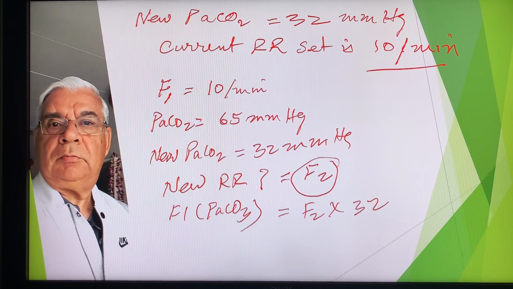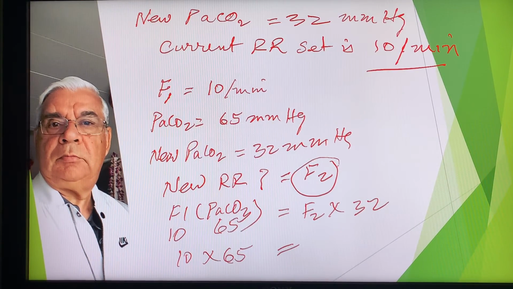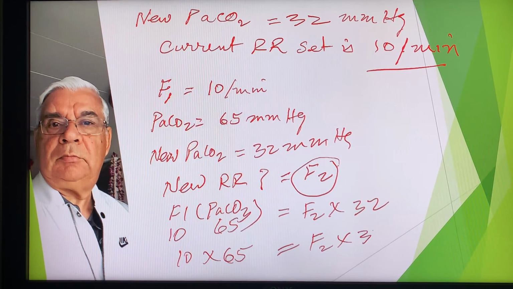That's the 32. And here is 65. F1 was 10. So 10 multiplied by 65 is equal to F2 multiplied by 32.